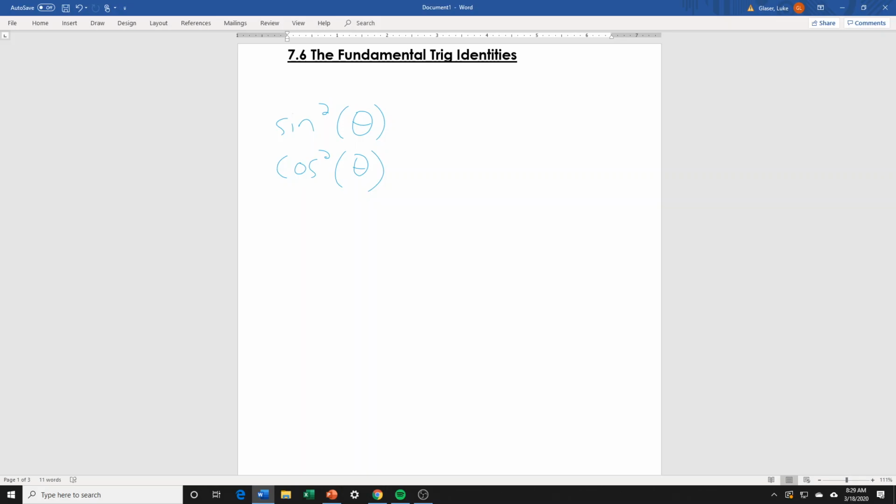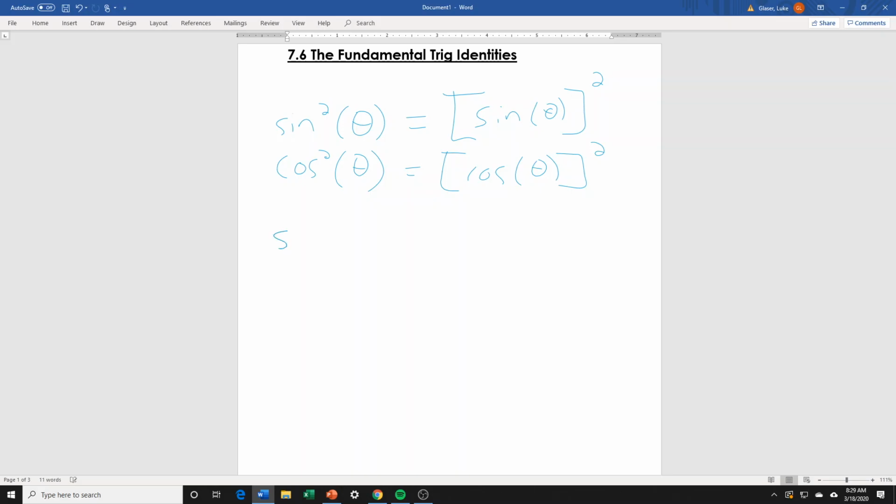You need to learn how to rewrite those. So when they're saying sine squared of theta, we're squaring sine, we're squaring cosine. So to evaluate it, it's a lot easier to just put sine of theta in brackets and square the whole thing. It's a lot easier to take cosine of theta in brackets and square the whole thing. All right? So let's do an example here.